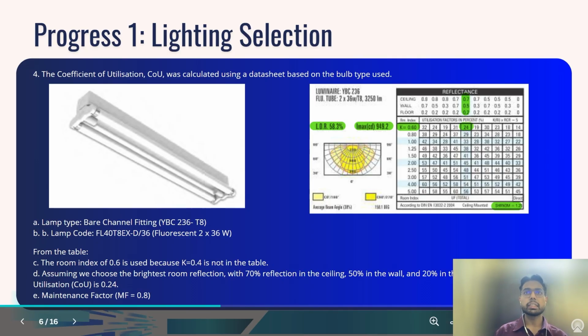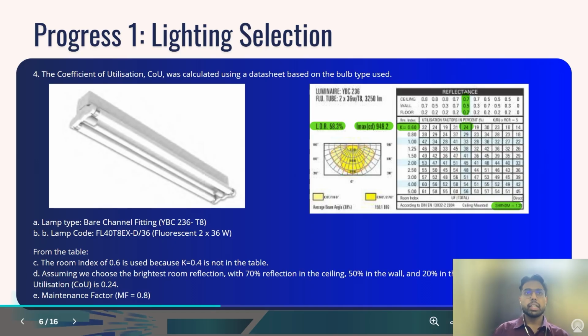The LOR here is the light output ratio, which in this case we assume is the efficiency, about 58.3, and the LMAX candelas 949.2 we didn't really utilize in this formula.